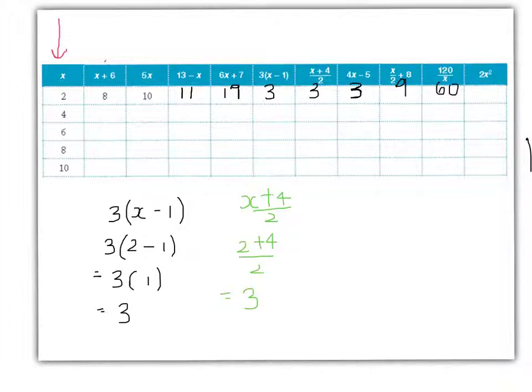And 2x squared. We'll do a little bit more working down here for that one, because that equation is saying 2 times our value for x squared. So 2 times 2 squared, 2 times 4. So our solution to that one is 8, and we'll pop that in up here.